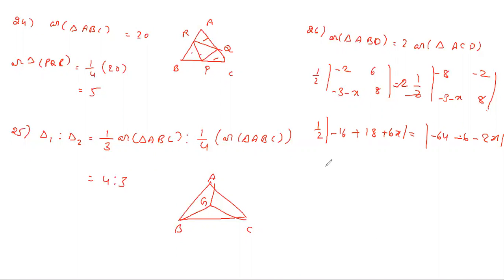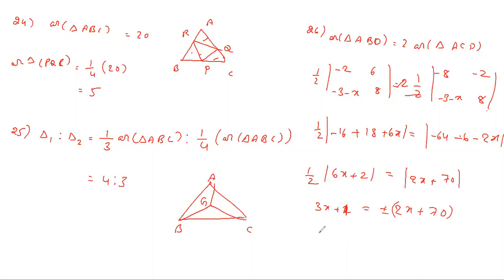So this equals 6x plus 2 by 2. And the modulus minus you can remove. So 2x plus 7. So modulus 3x plus 2 equals 3x plus 1 by cancelling, so it equals plus or minus 2x plus 7.